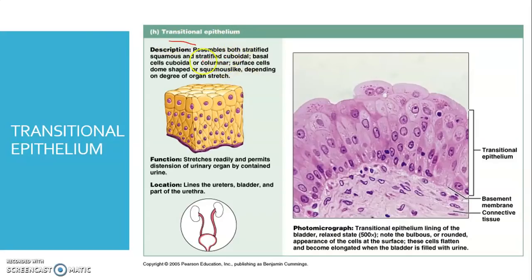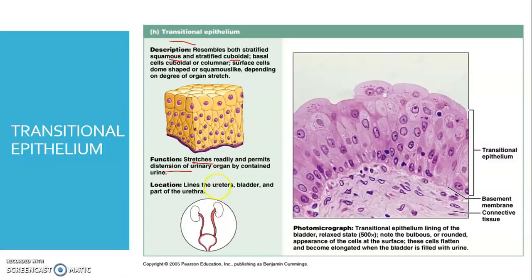So the description here says it resembles both stratified squamous and stratified cuboidal. It can be squamous or it can be cuboidal. It has two similar types of cell shapes, and the function is to stretch readily to permit distension, because it is used for stretching.